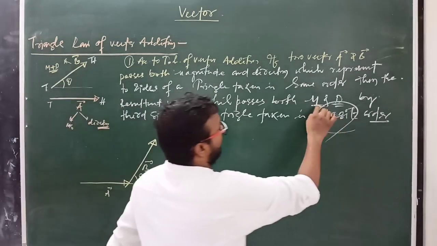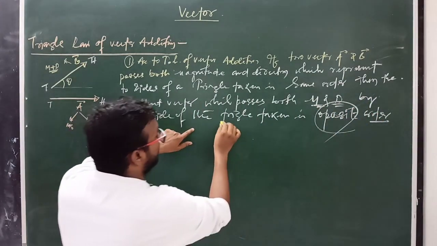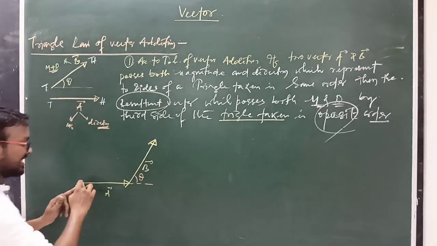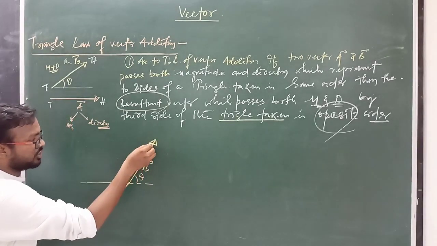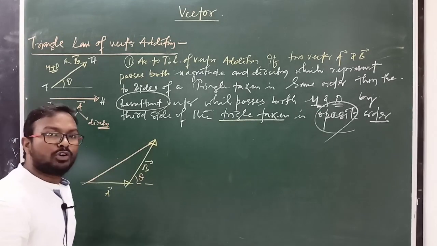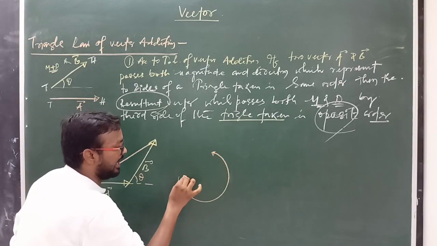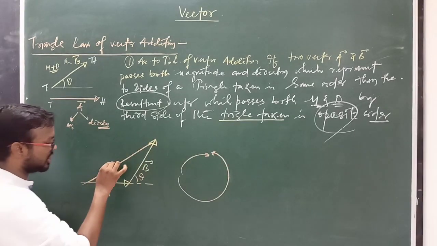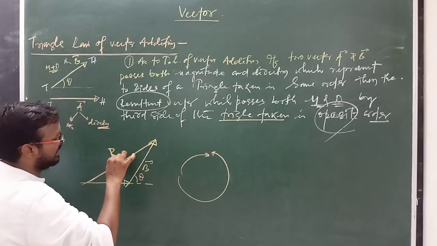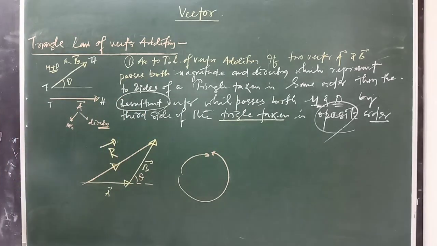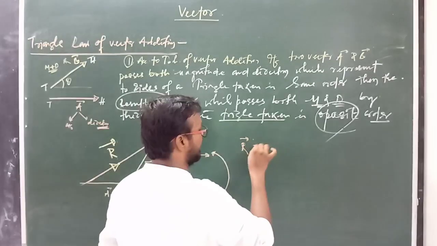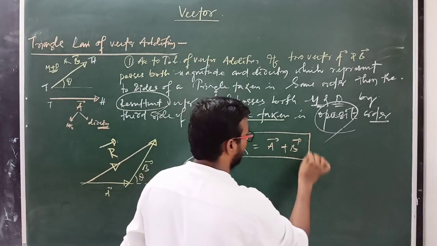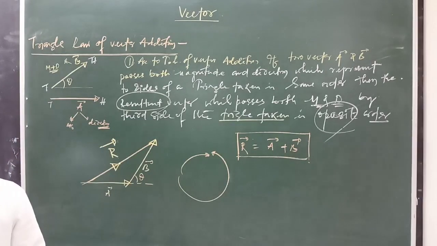Now the third side of the triangle, the closing side, taken in opposite order, represents the resultant vector. A and B are in the same order, but the resultant is in opposite order, and this is known as R vector. Clear? So R vector can be written as A vector plus B vector.